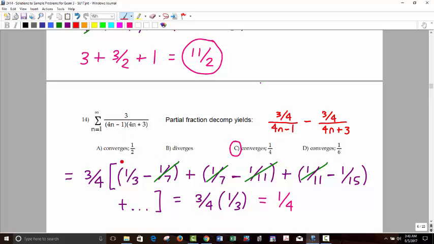So I put in 1, and after these are gone, 4 times 1 minus 1 is 3, 7, and you put 2, you get 7 here, put in 3, you get 11, and 11 into 4n plus 3, you put 3 into here, you get 11, 3 into here, you get 15. But look what's happening this time. Actually, only that first term is remaining.